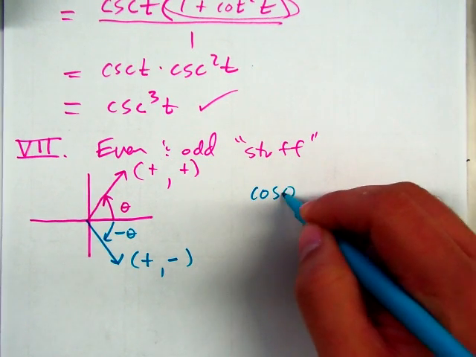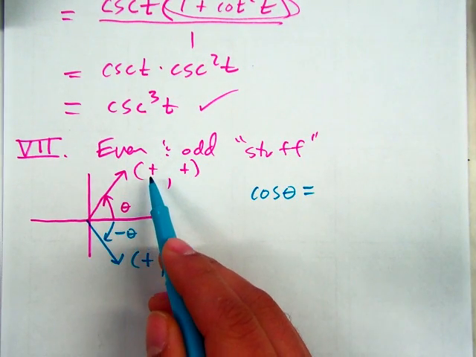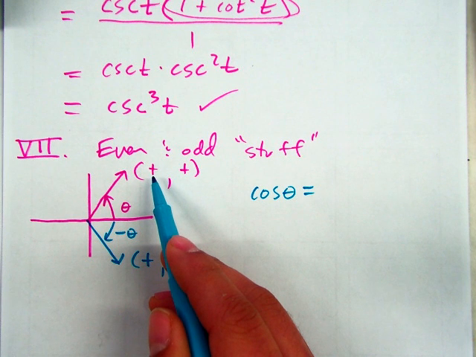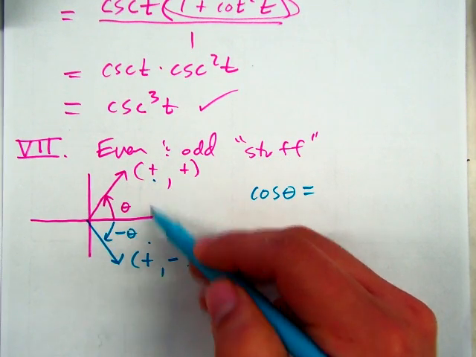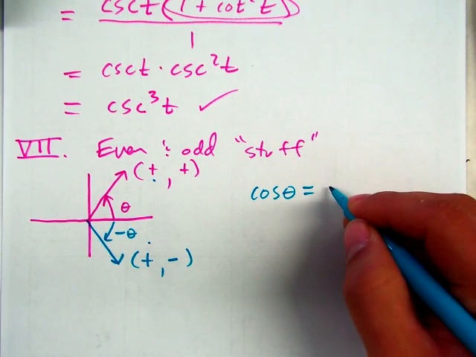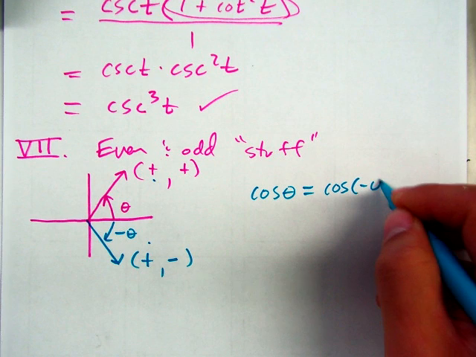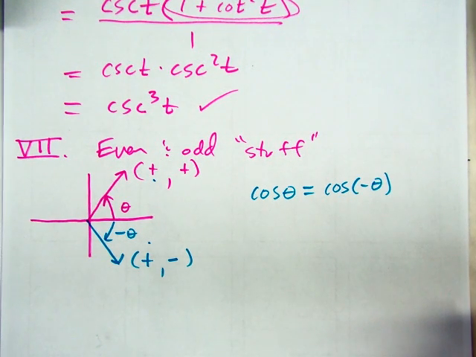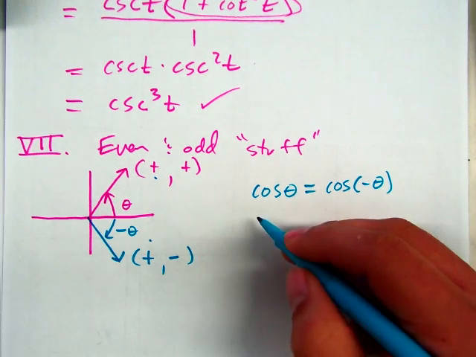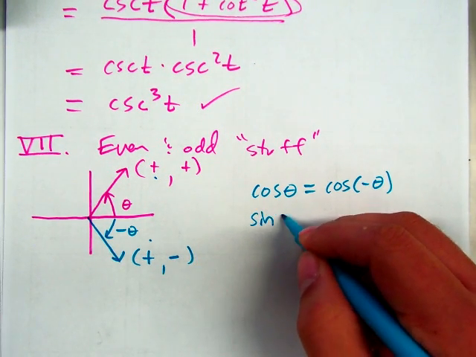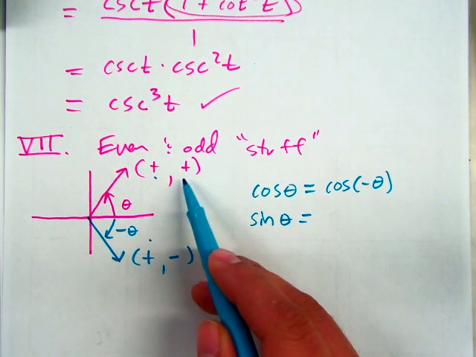Cosine theta is positive, right? What about cosine of negative theta? If they're both the same coordinates, then we can say cosine theta is actually equal to cosine of negative theta. Do you guys understand that? Let's do sine. Sine theta would be what?